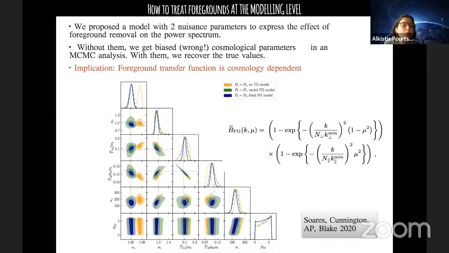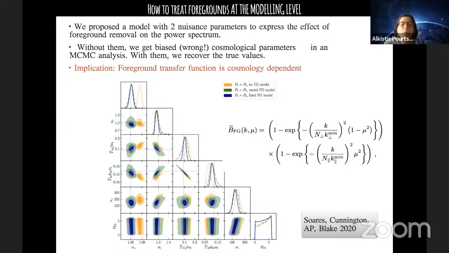And the point that we made in this work is that a simple scale cut, where you just ignore the very large K scales, is really not enough, because the effect of the signal loss is very anisotropic, along the K parallel and along the K perpendicular direction.